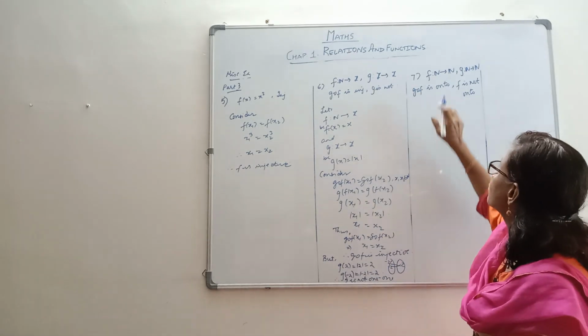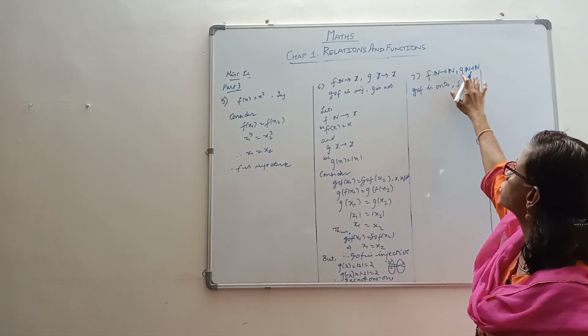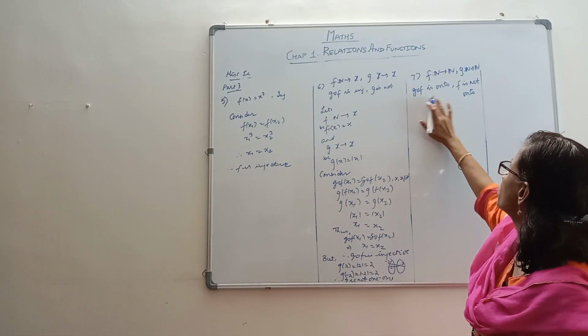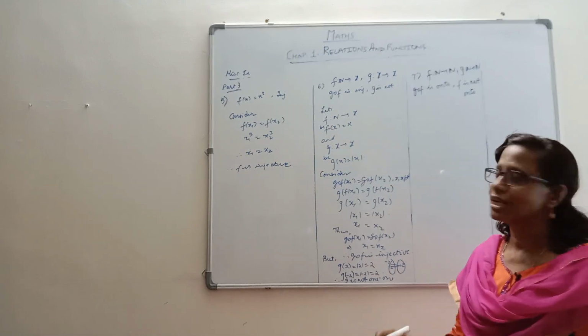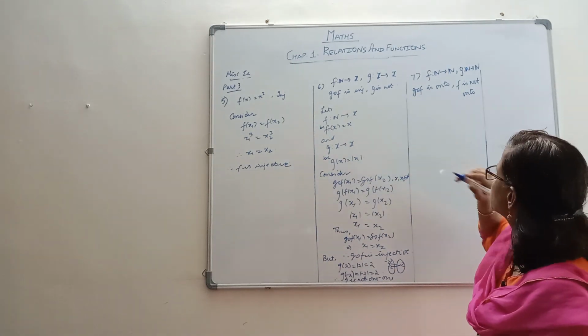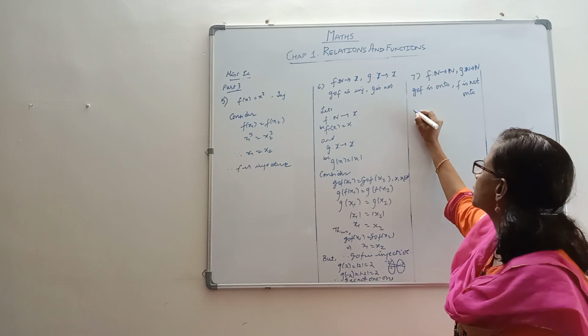They say there is a function f from natural to natural, and g from natural to natural, such that g of f is onto, but f is not onto. So they have given us the definition.